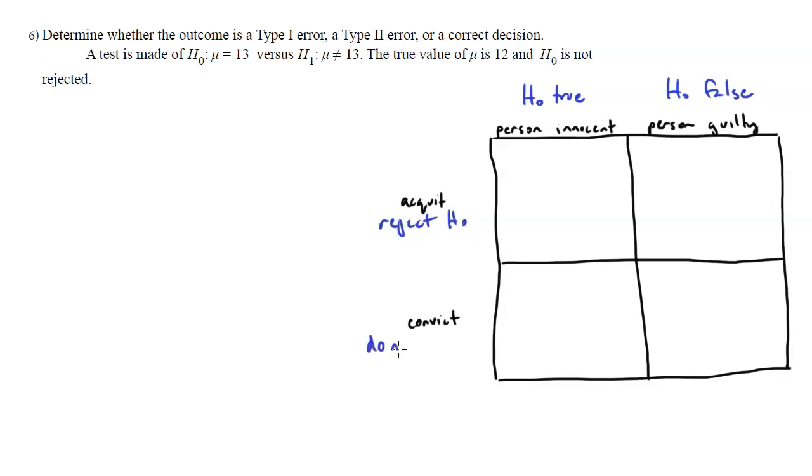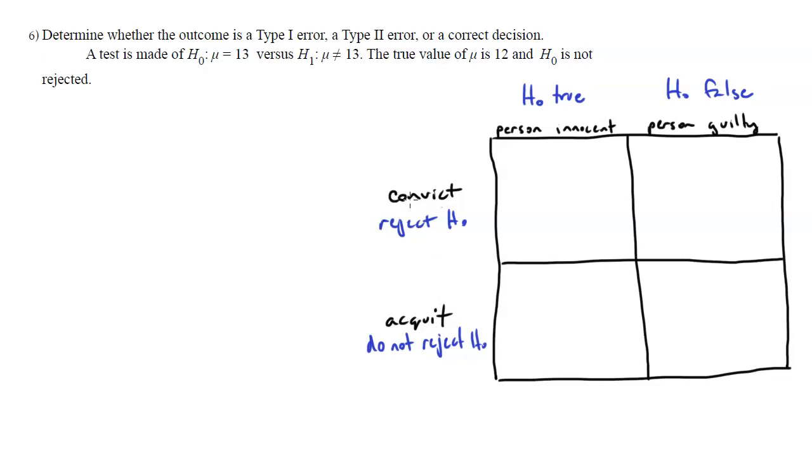Convict, we do not reject the null hypothesis. And as I'm saying that, I realize that doesn't make sense what I just said, so I'm going to change these two. My bad. This will be convict, and this will be acquit. Sorry. Okay, cool.